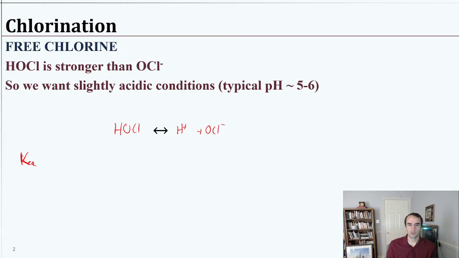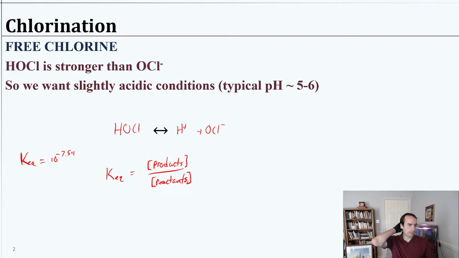So our equilibrium constant there happens to be about 10 to the negative 7.54 under kind of standard conditions. It'll change a little bit with temperature. And as a reminder, the way our equilibrium reactions work is we can say that our equilibrium constant is equal to the products over the reactants, and I'm writing with brackets here.